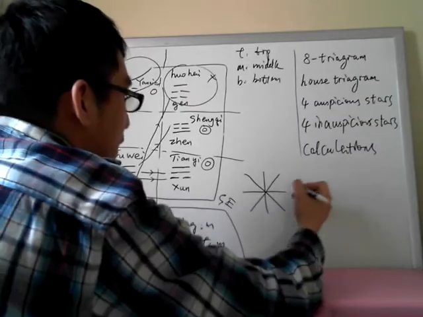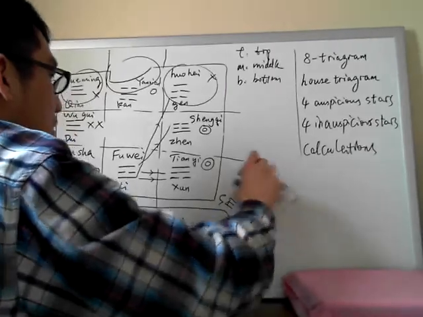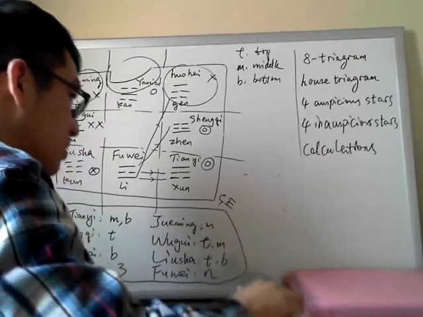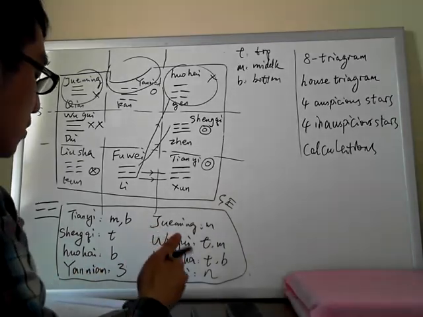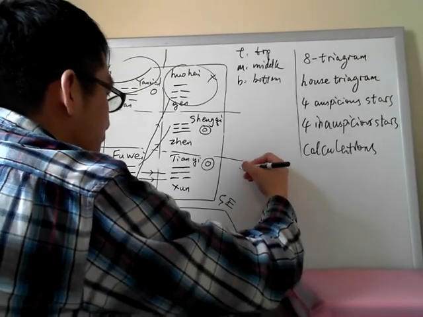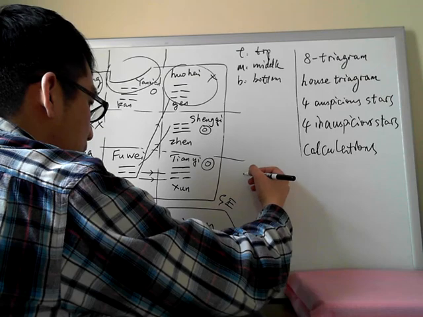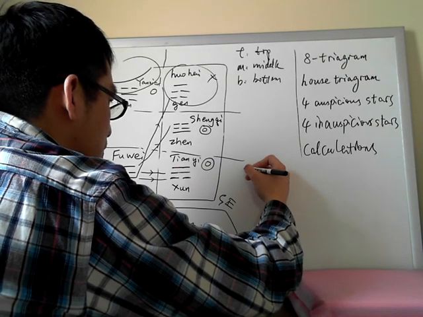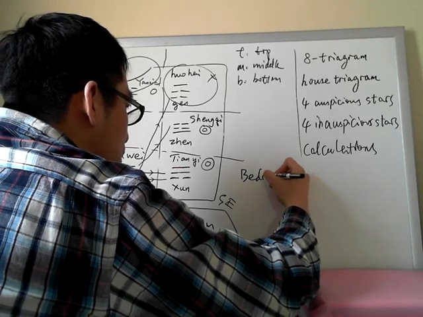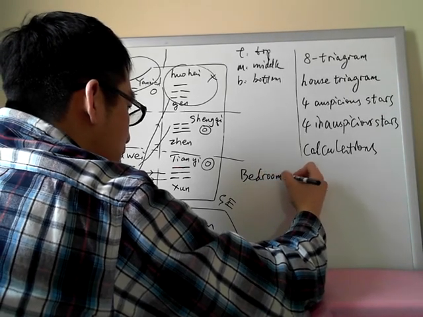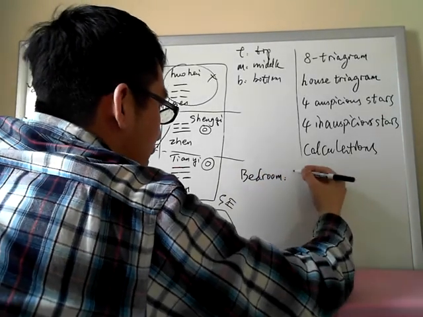So you better have, let me write down. The kitchen is very tricky because in ancient China, the kitchen was very important. So you better have the kitchen in an auspicious location. But now, for me, I never cook, so I don't spend any time in my kitchen, so I don't care about it.